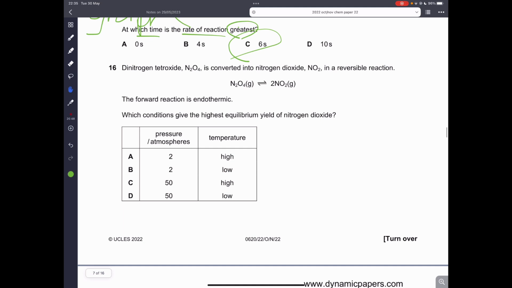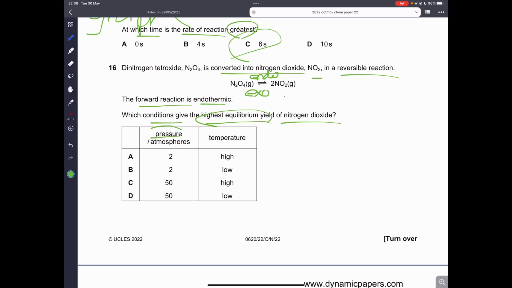Moving on. Dinitrogen tetraoxide is converted into nitrogen dioxide, NO2, in a reversible reaction. The forward reaction is endothermic, so the backward reaction is exothermic. Which conditions give the highest equilibrium yield of nitrogen dioxide? We want the highest equilibrium yield. First of all, we need to think about the pressure.